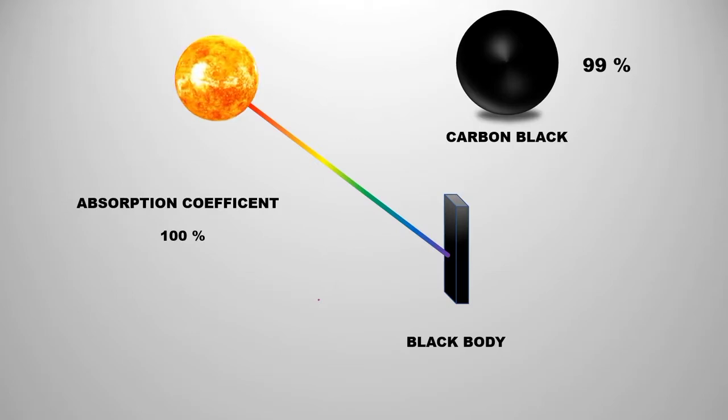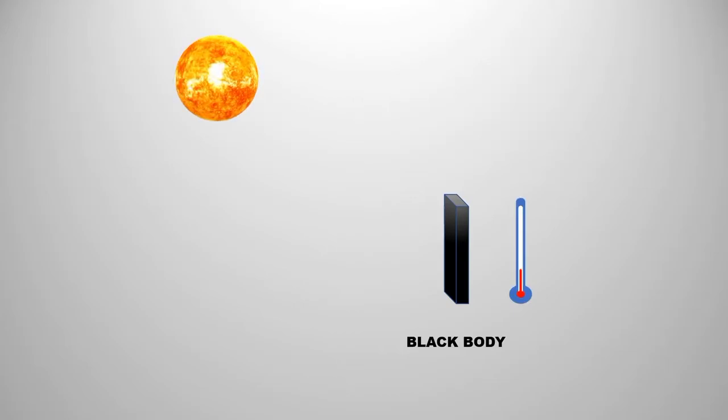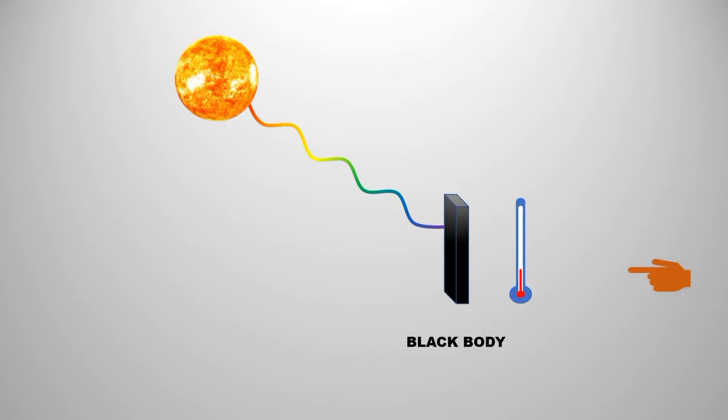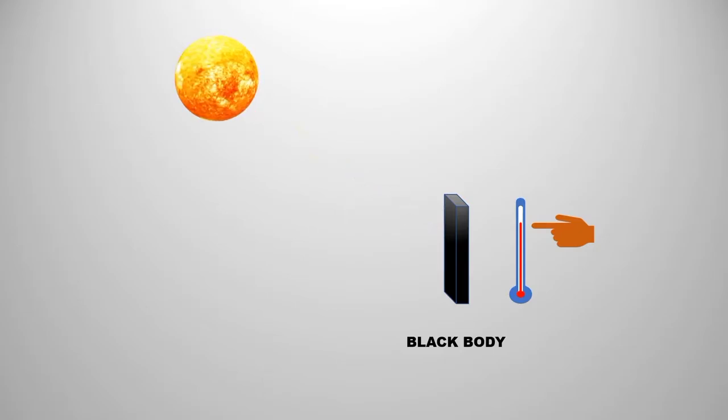Whenever radiation is absorbed by a blackbody, the temperature of the body also increases. As a result, the temperature of that body increases in comparison to its surroundings. In this condition, the blackbody starts emitting radiation. This radiation is called the blackbody radiation.